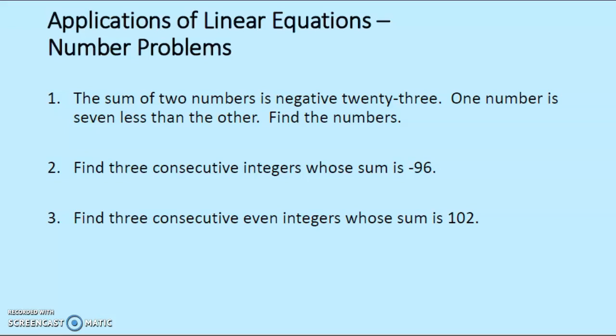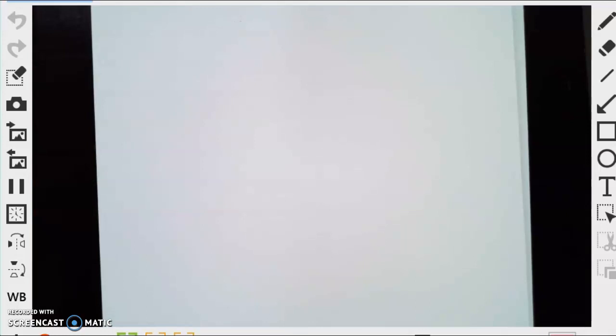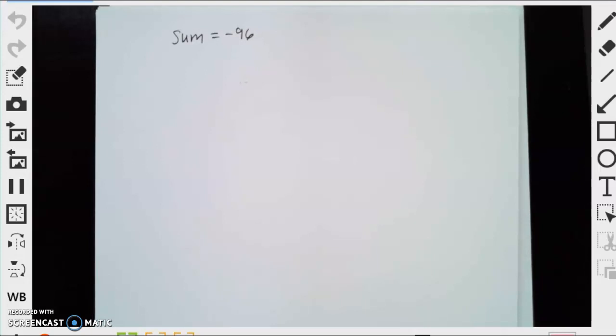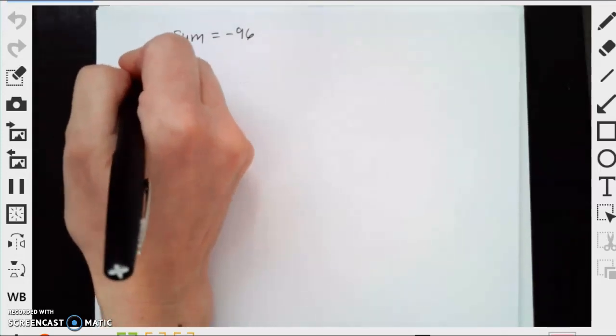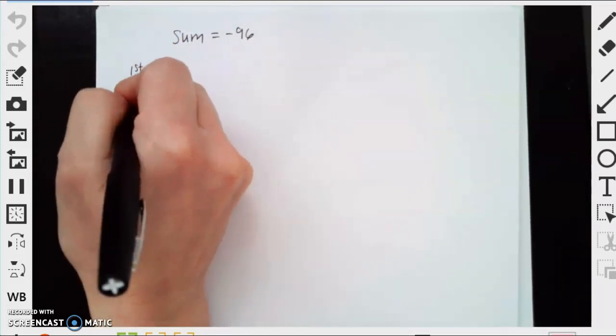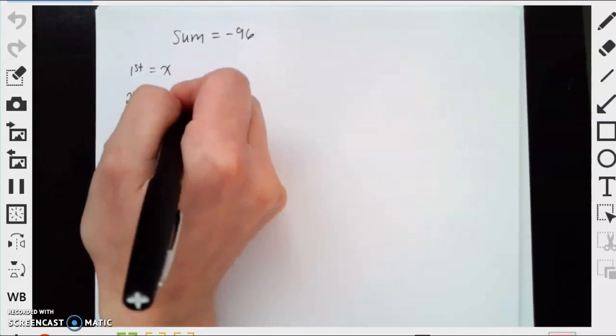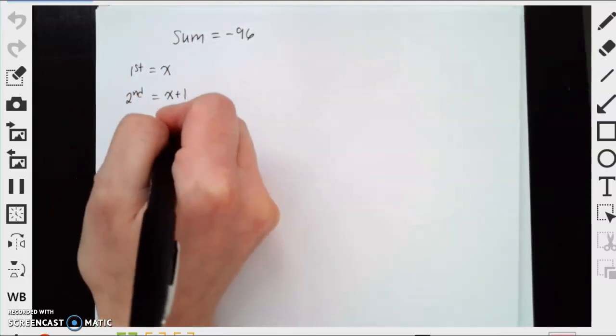So for example 2, we're finding 3 consecutive integers whose sum is negative 96. So we want the sum, write that down. Sum negative 96, and we want 3 consecutive integers. Okay, so if I'm looking for 3 consecutive integers, my first one will be x, the second, x plus 1, the third, x plus 2.